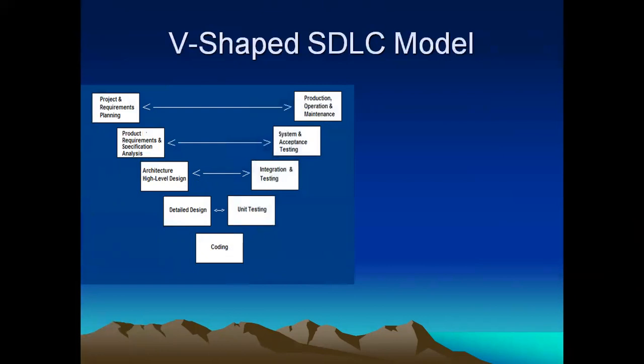But in a V-shape model, the requirement and the client's verification or UAT, then development and testing, all the work goes on in parallel.